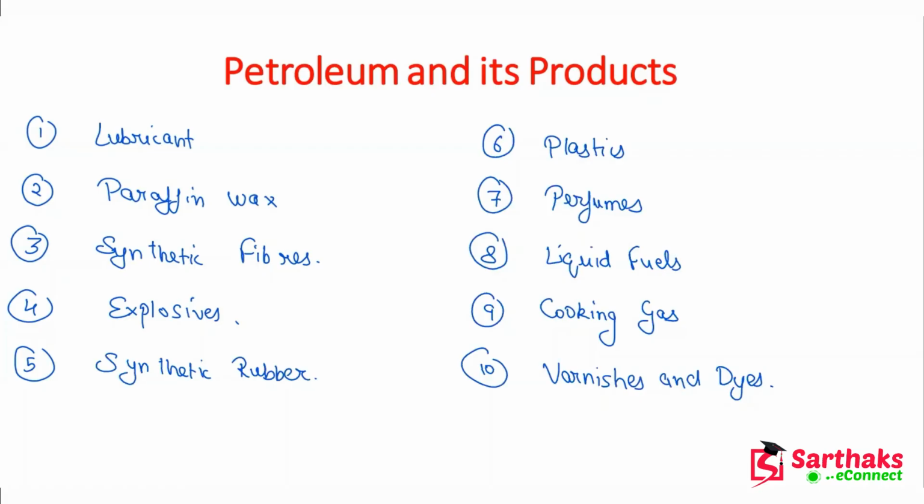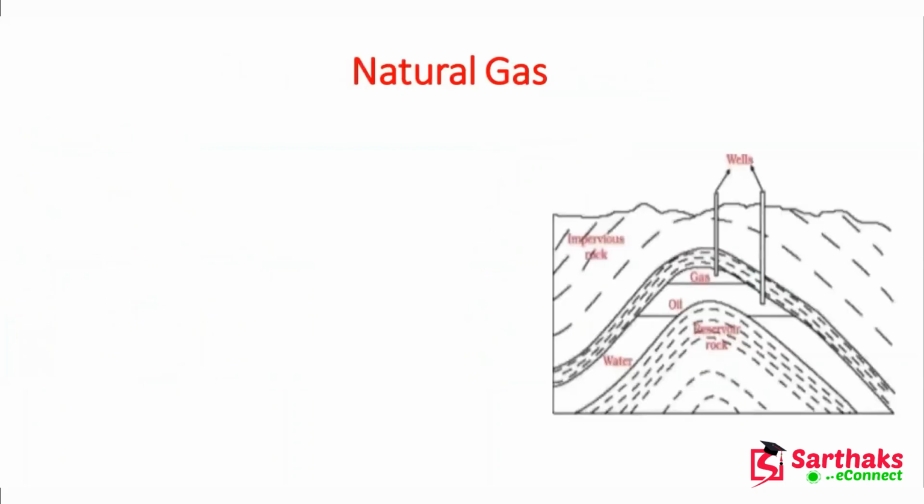Now the next topic that we are going to discuss is natural gas. As you can see, here is a figure being made, and we have already studied that natural gas is obtained above the petroleum and crude oil in the earth's crust, between impervious rocks. Natural gas occurs deep under the crust of the earth.